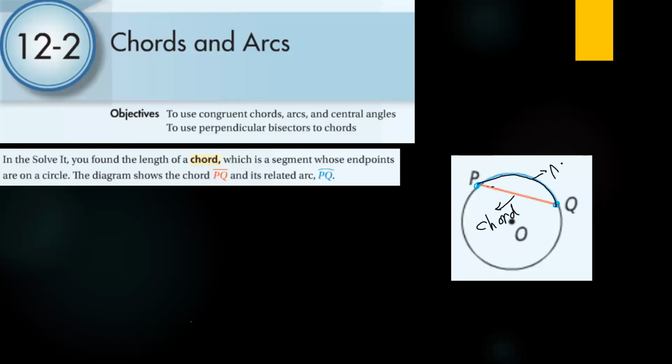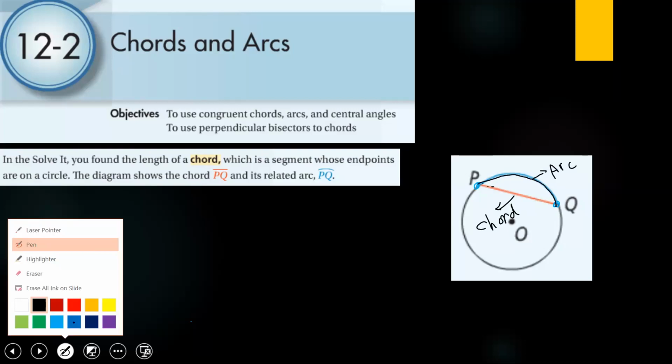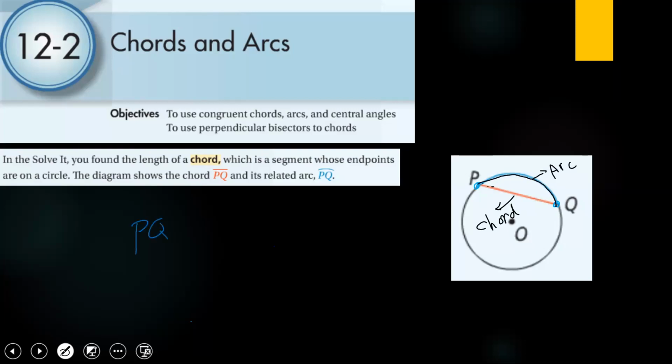So both of them have the two endpoints P and Q. But arc PQ is a curve, so I write it as the curve of arc PQ. And PQ, since it is a line segment, we call it a chord.